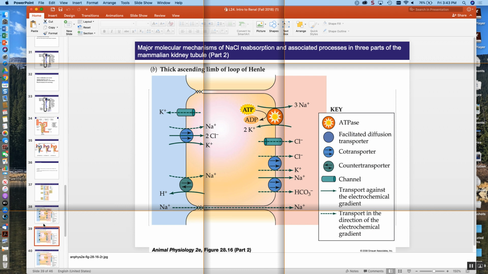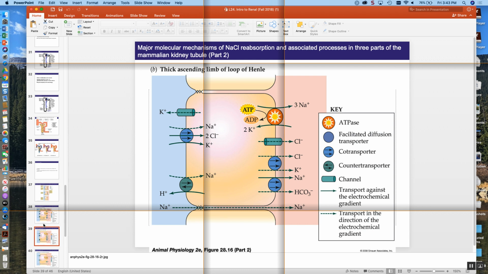Okay? So what usually happens is you are pulling salt out more in the beginning of the thick ascending limb. Okay, with me? So this is establishing that osmotic gradient.